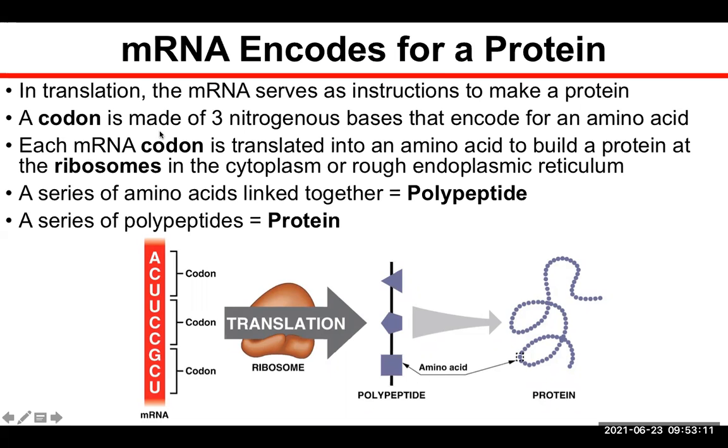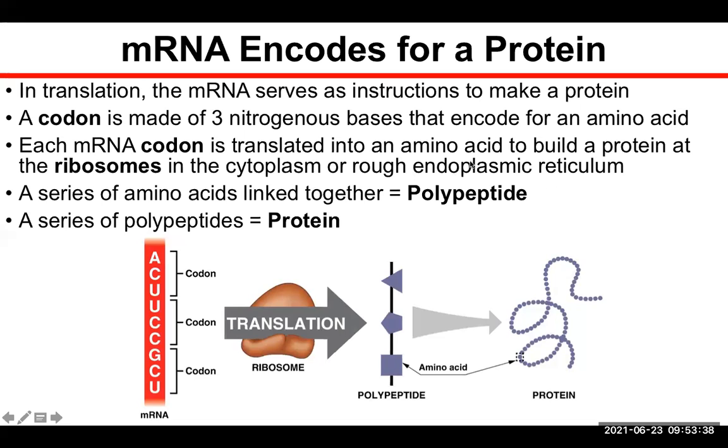This is all done at the site of the ribosome, and whether it's the ribosomes in the cytoplasm or the rough endoplasmic reticulum will determine where that protein ends up going within the cell. I know people get confused with amino acids, peptide, polypeptide, and protein. They're all more or less talking about the same thing. It just depends on the level.